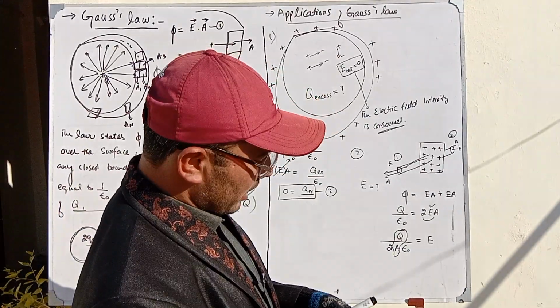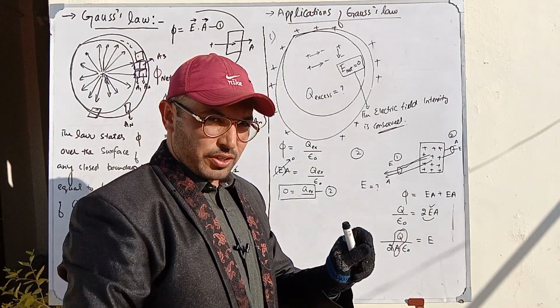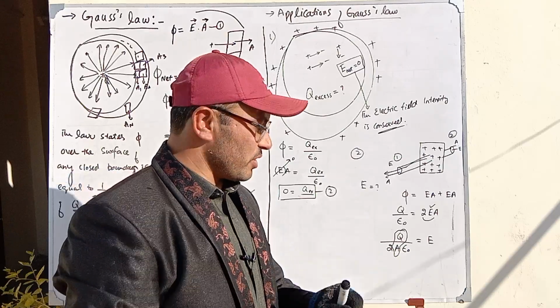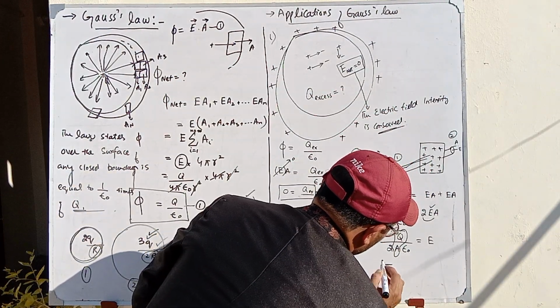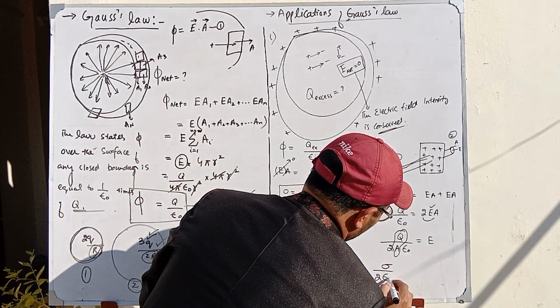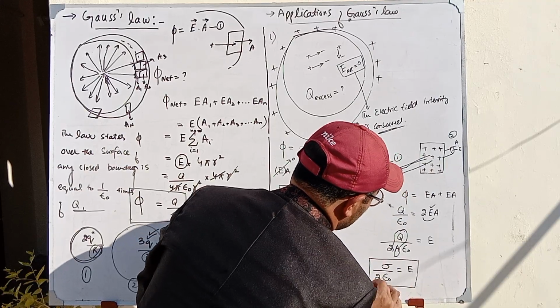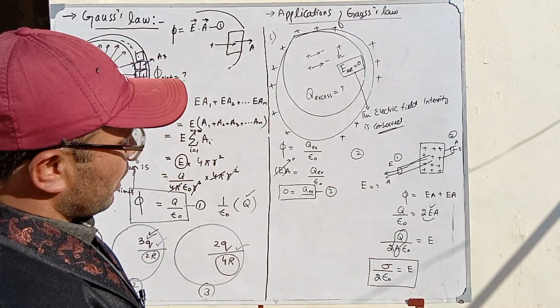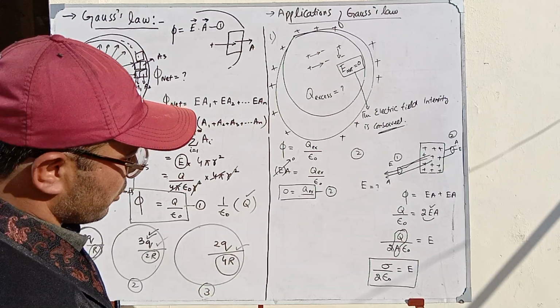But when I divide Q by volume, this will be the volume charge density. This surface charge density is denoted by sigma, a Greek symbol, so E equals sigma over 2 epsilon naught. So here is the result of the electric field intensity observed due to any surface sheet.